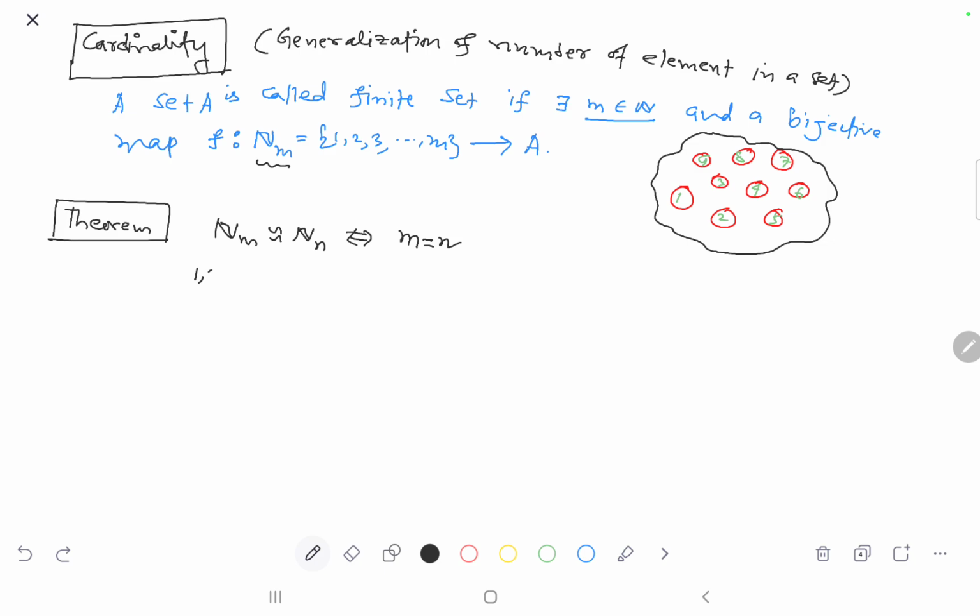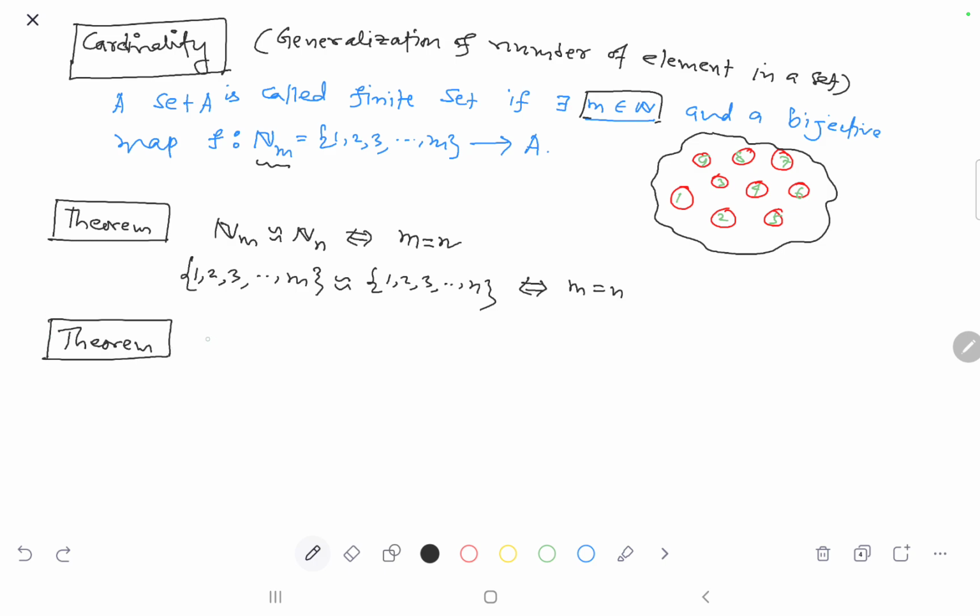So basically, from the set {1, 2, 3, up to m} to the set {1, 2, 3, up to n}, there is a bijective map if and only if m equals n. I'm not proving it. So if A is a finite set, then m is uniquely determined, right? So let me write down the theorem here.